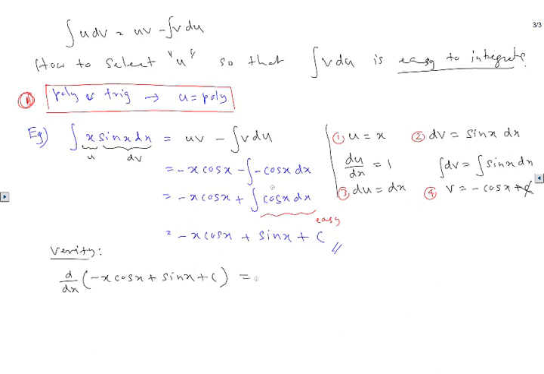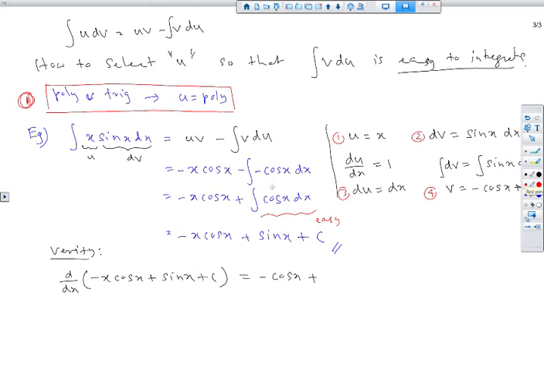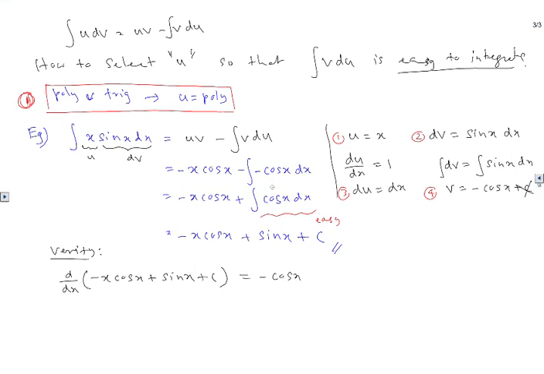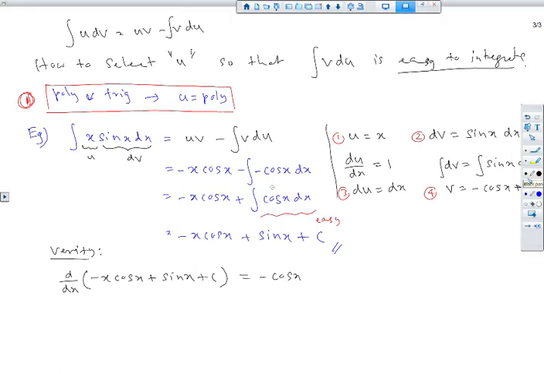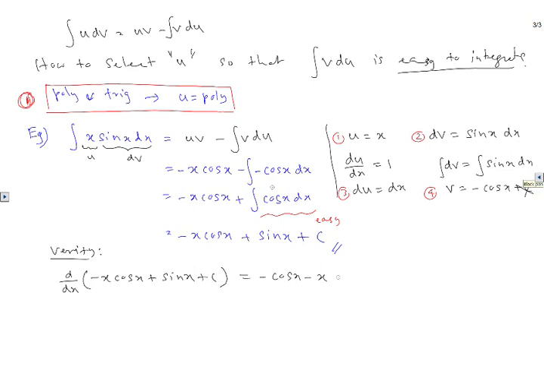The derivative of the first one is negative 1 times cosine x, minus negative x times the derivative of cosine, which is negative sine x, and then the derivative of sine x is cosine x, plus 0.